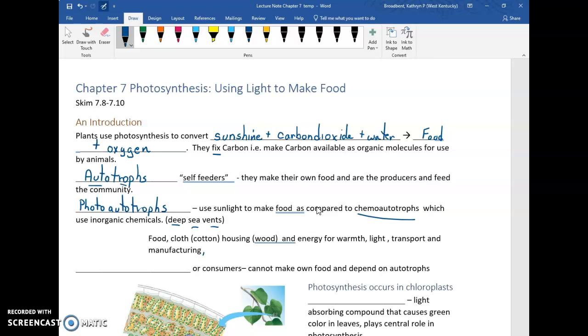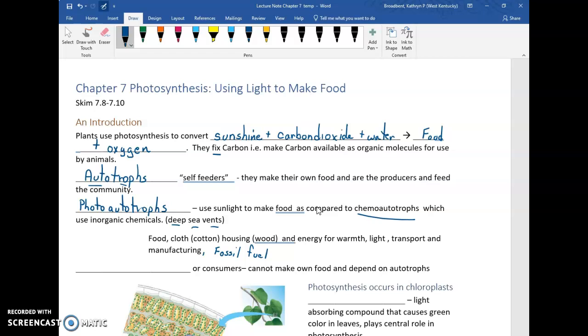If we count fossil fuels as well, our fossil fuels like coal, natural gas, and oil are stores of energy from long dead plants. So a long time ago, fossil fuels were plants.